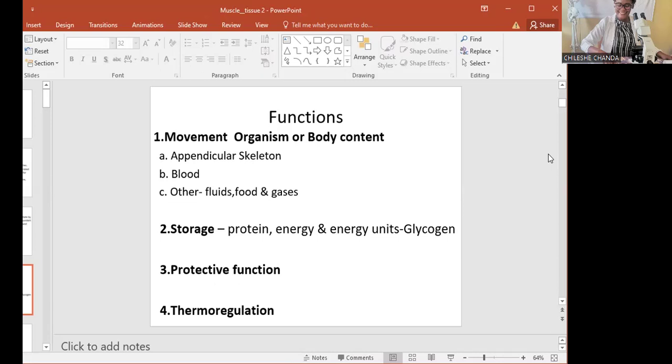Movement also of blood. Blood vessels have muscle tissue around them, and this muscle tissue helps with movement of blood. Even the actual skeletal muscle will help the movement of blood, especially in the veins.